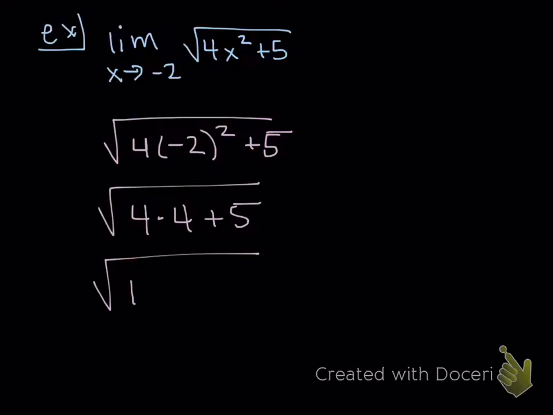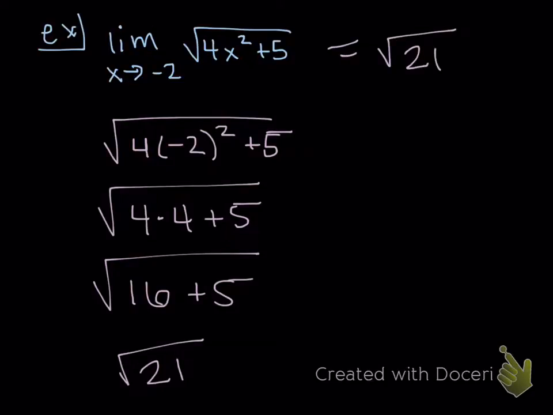Now I have the square root of 16 plus 5, which is the square root of 21. And I know 21 cannot break down, so the y value would be the square root of 21. Obviously, if we were using a calculator, you would type that and get the y value as a decimal. If we were looking at it graphically, it would be a little under 5 because we know the square root of 25 is 5.